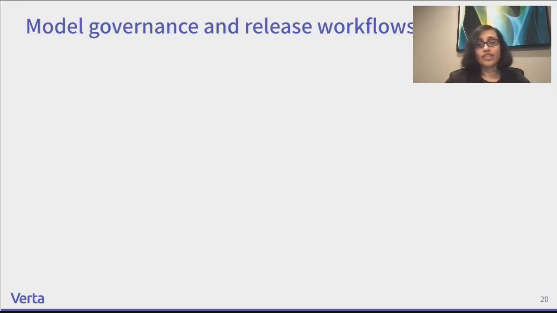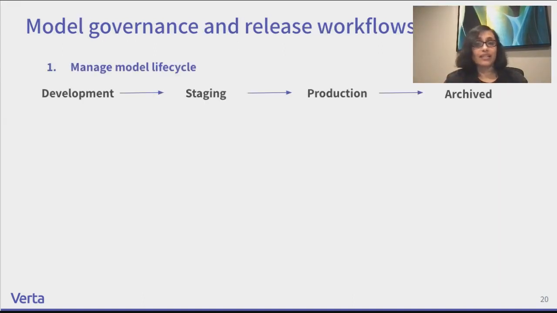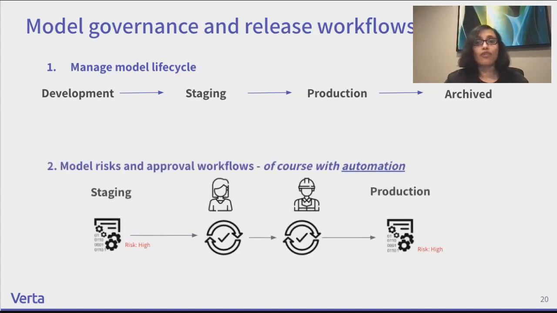Now with a model registry, you can manage the life cycle of a model from development, staging to production to end of life. You can also implement a formal model governance and approval process. You may have your legal team, your business team, your technical stakeholders, maybe your security, and they need to review and approve prior to deployment.